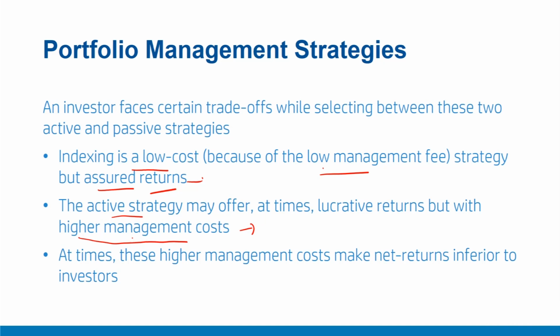In various scenarios or at different times, these higher management costs can make net returns inferior. For example, at times these higher management costs can make the returns to investors less lucrative or inferior as compared to passive management.